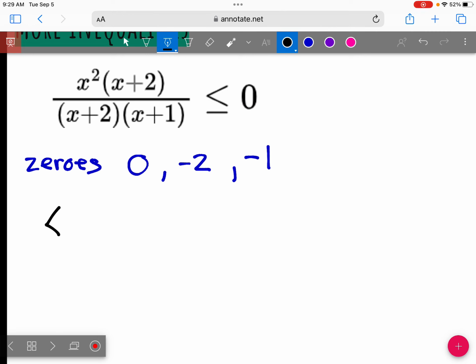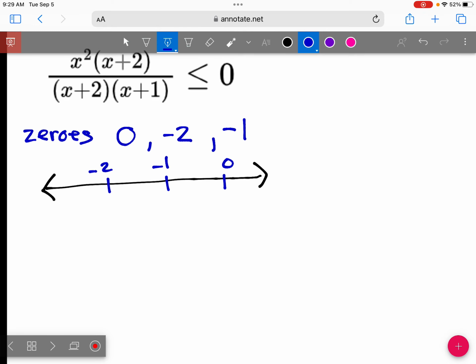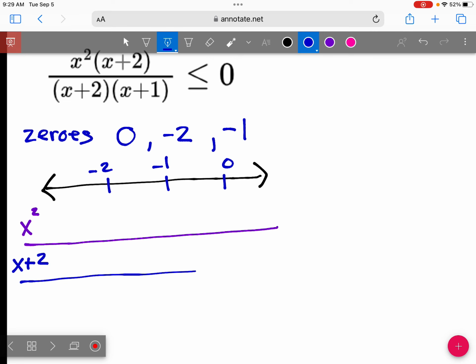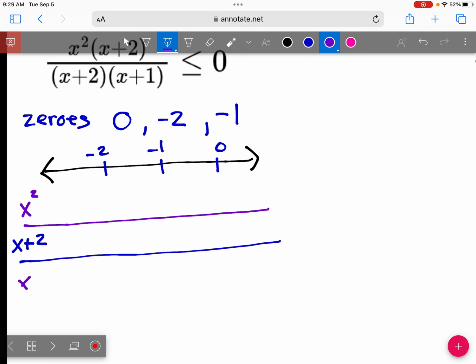Okay? Number line, smallest to biggest: -2, -1, 0. I'm going to make myself a little table. We're going to have our x squared, our x plus 2, and our x plus 1.